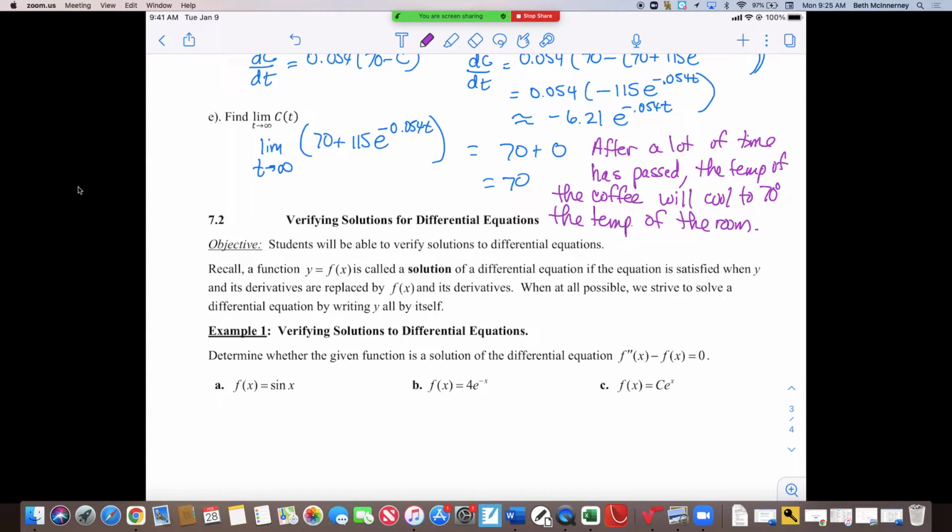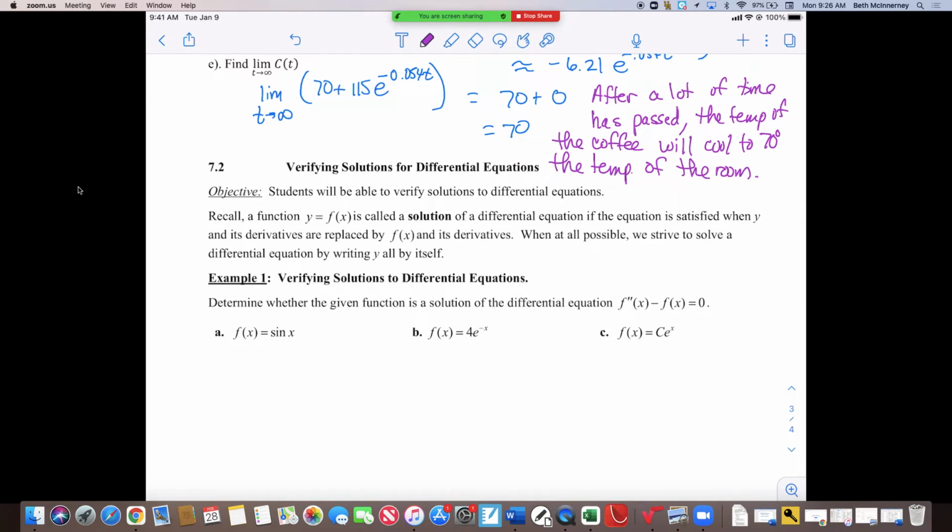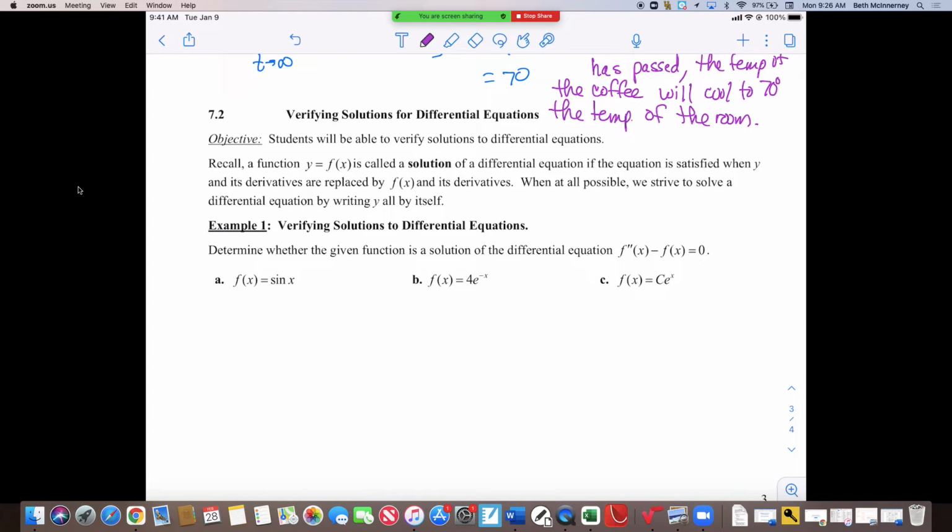All right, so in 7-2, we talked about this at the very beginning, that a solution to a differential equation is a function that satisfies the differential equation when you plug it and its derivatives back into the equation. So if we look at example 1, it says determine whether the given function is a solution of the differential equation f double prime of x minus f of x equals 0.